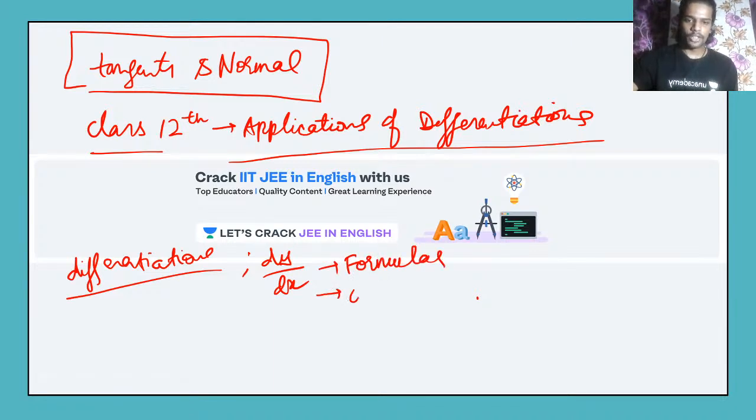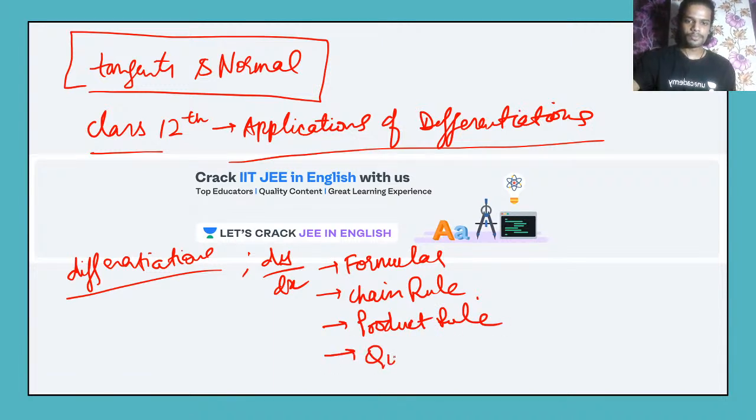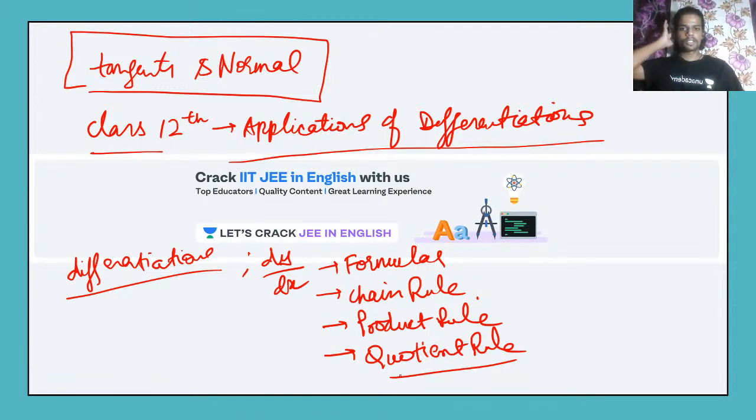Then we studied the chain rule in the previous lecture, then the product rule, and the quotient rule. These are all the different rules of differentiation that we studied last time.